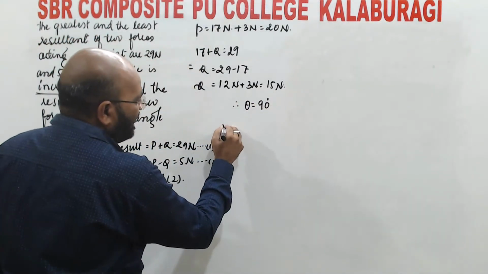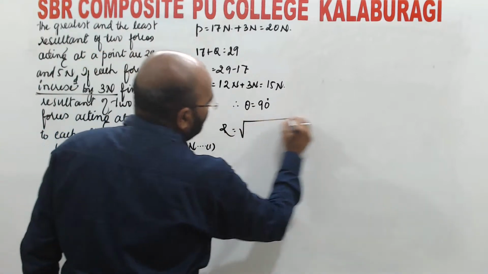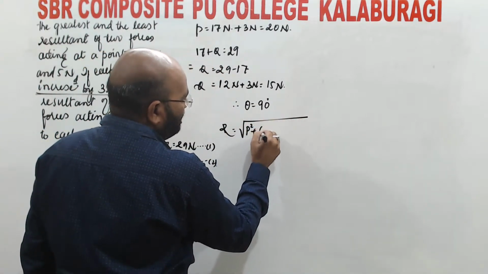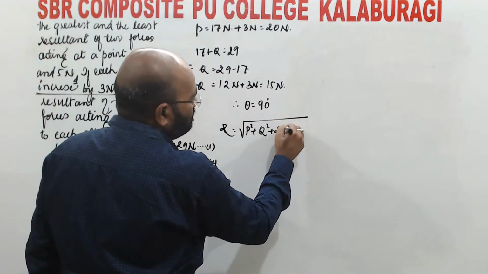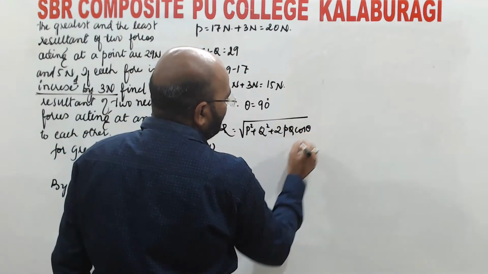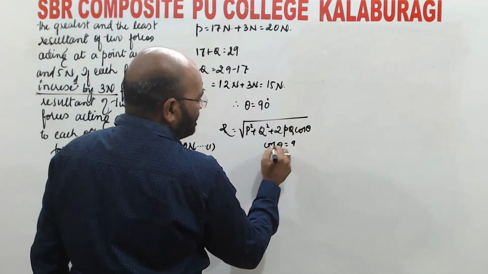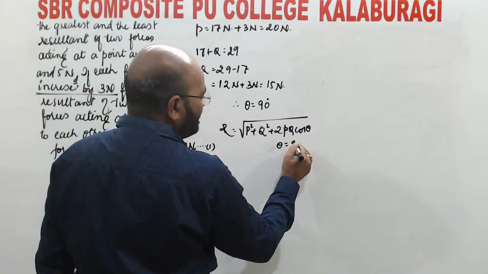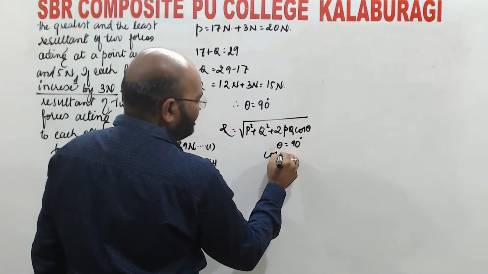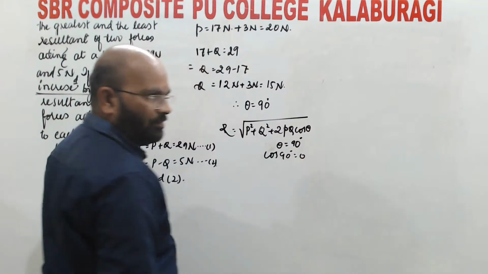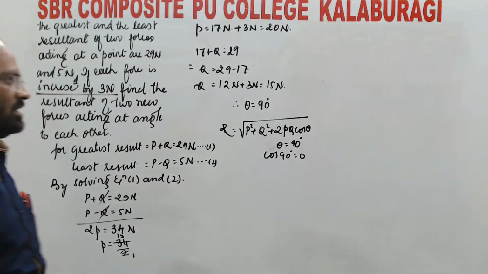We know the resultant R is equal to under root of P square plus Q square plus 2PQ cos theta. So cos theta is equal to, how much is given? Theta is equal to 90 degrees. Cos of 90 degrees is equal to 0.